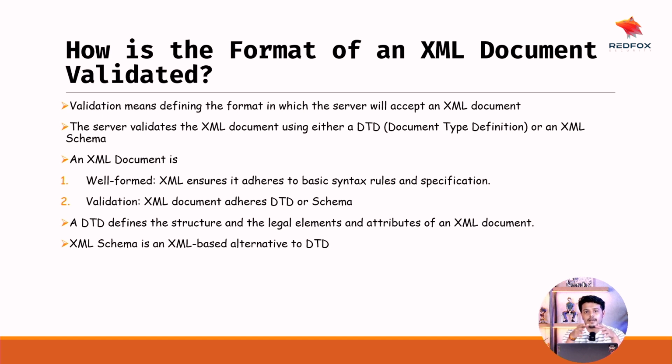Whereas if that document is shared using schema, then it will be shared as an integer. So the main difference between DTD and schema is that DTD doesn't support data types, whereas schema supports data types. So there might be some issues if you use DTD for transmitting integer values.